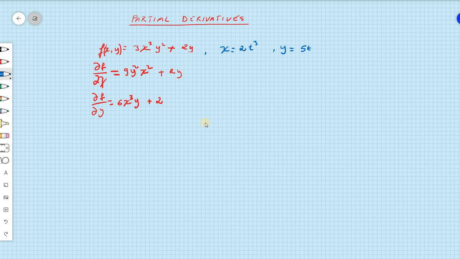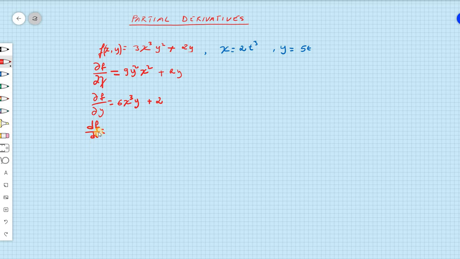And then they'll ask you to find the derivative of f with respect to t. Instead of asking you straight to do these, they'll say find df dt, right? They'll ask you to find that.